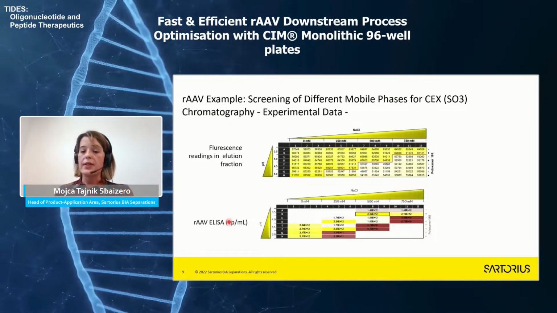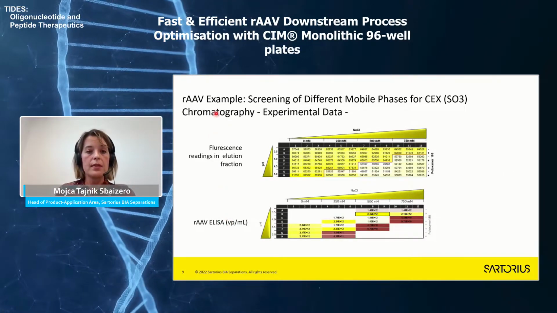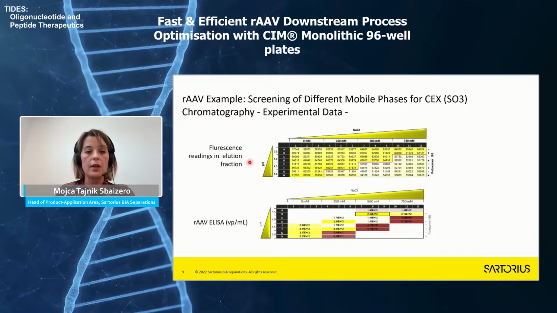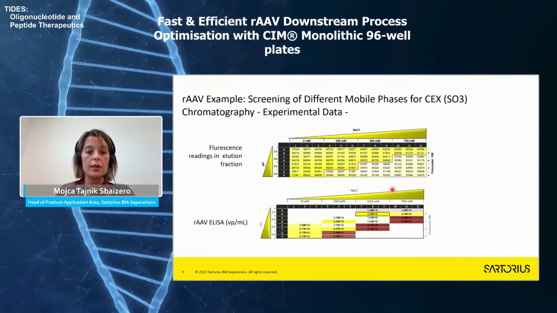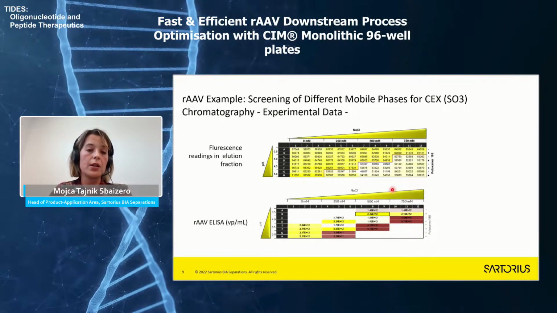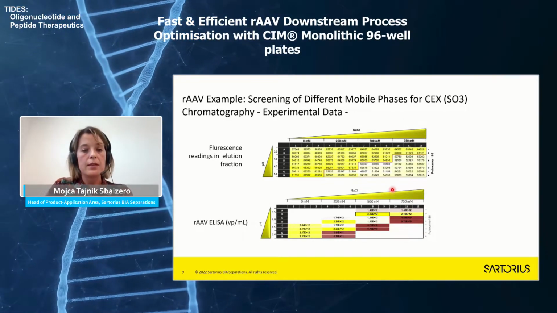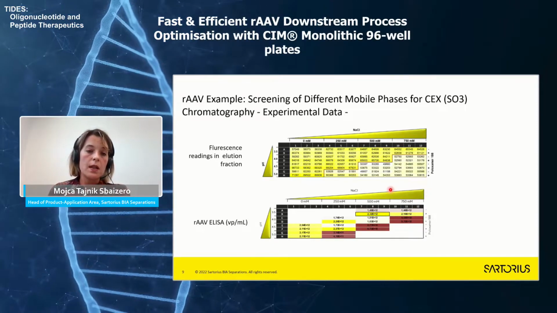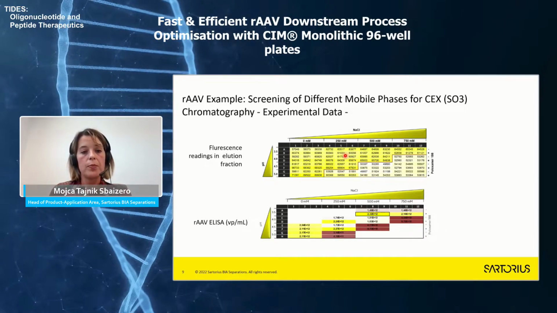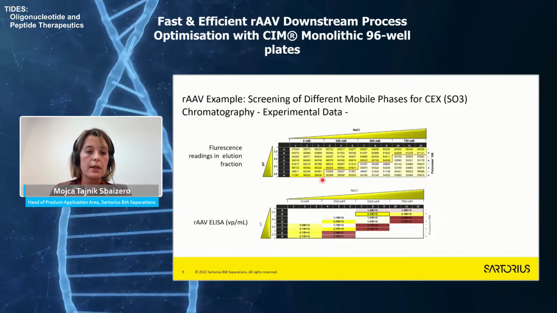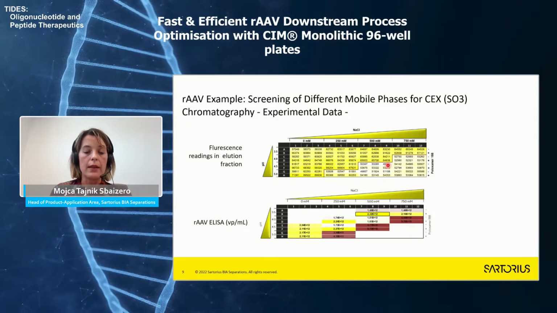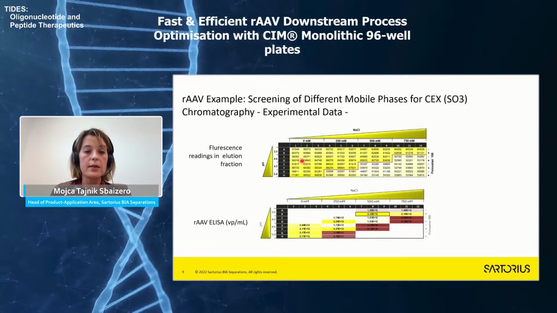Our results are showing the following. First, the fluorescence reader results on the top, in the elution fractions. We were checking tryptophan fluorescence here. We could see that we basically have two populations showing in the plate. One is showing in darker yellow and has higher fluorescence values.